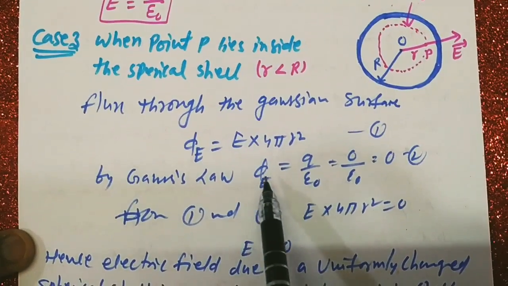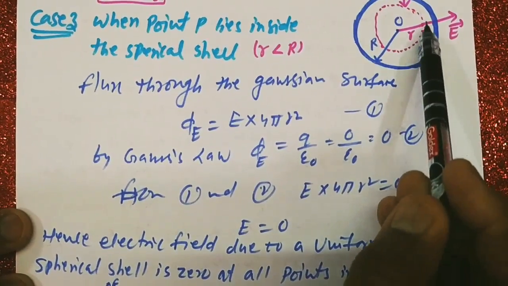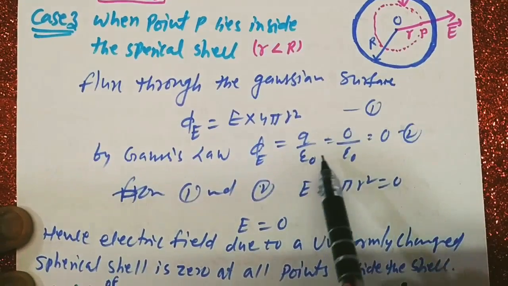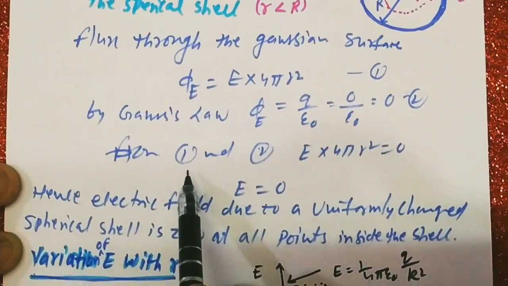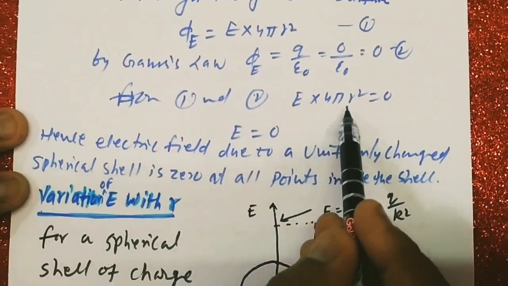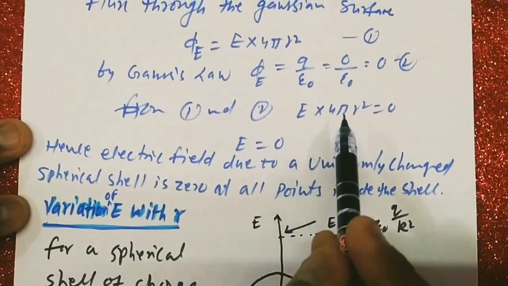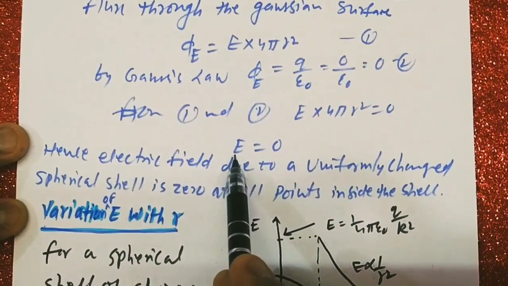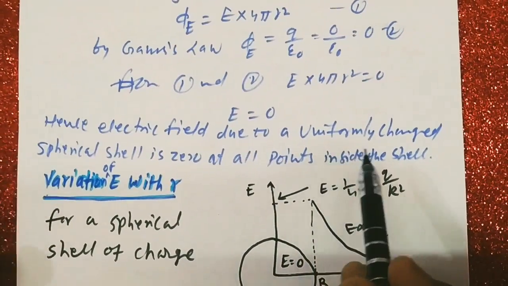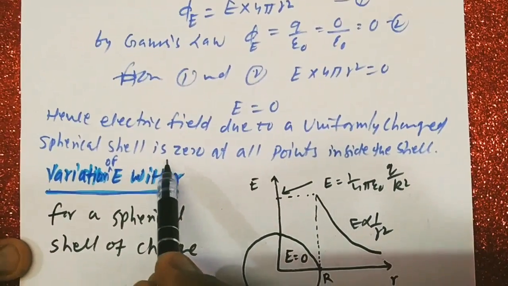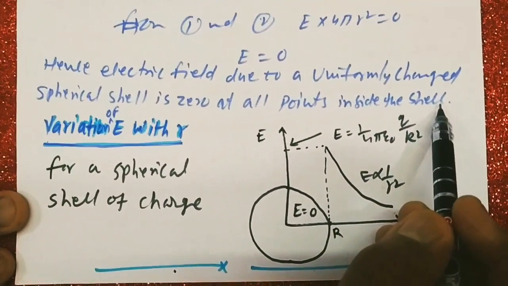By Gauss law, phi equal to q upon epsilon naught, but the charge enclosed by this Gaussian surface is 0, so phi equal to 0. From equation number 1 and 2, E into 4 pi r square equal to 0. 4 pi r square cannot be 0, so E equal to 0. Hence, the electric field due to a uniformly charged spherical shell is 0 at all points inside the shell.